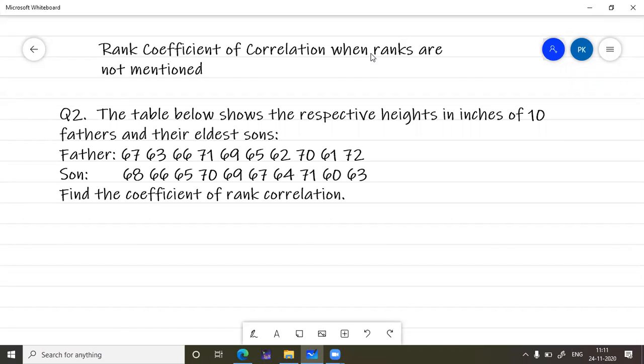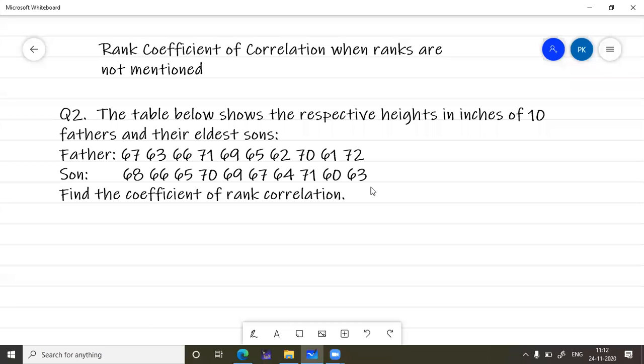This is the problem in which there are the respective heights in inches of 10 fathers and their eldest sons. So this is the data, father and son, a set of 10 data.